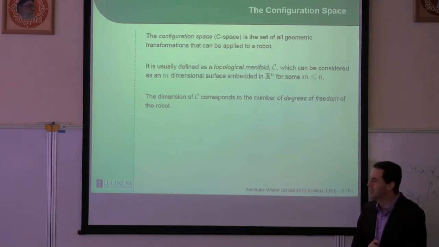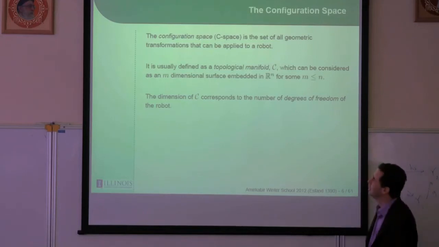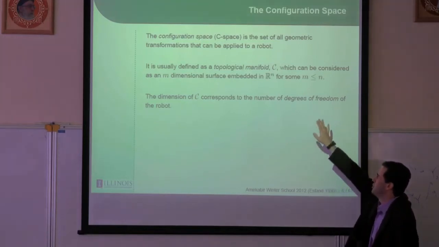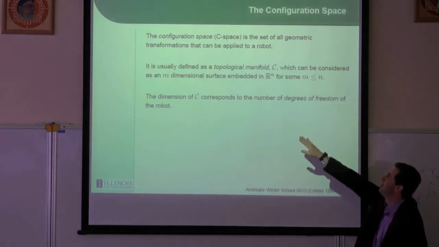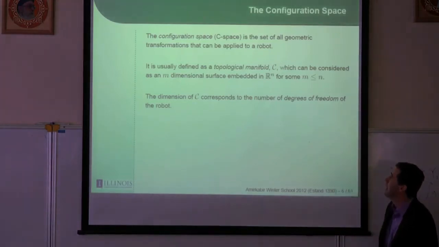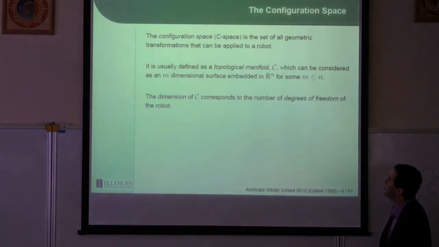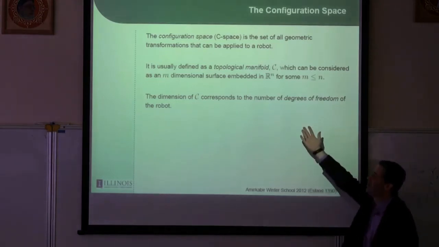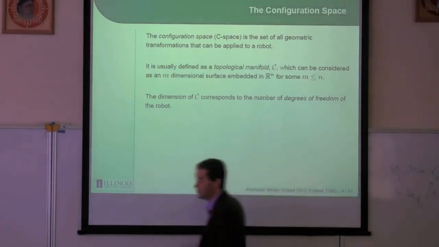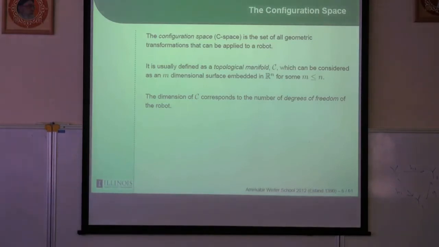It's less known among engineering people, but it turns out it's much simpler. So when you study it, it's very nice. I'm not going to do that kind of thing here. It usually just looks like some m-dimensional surface embedded in R^n, and m is what we call the number of degrees of freedom of the robot. That's the dimension of this configuration space.